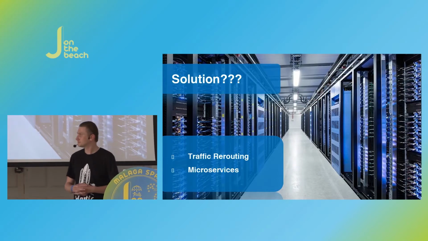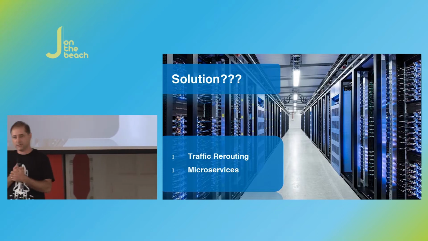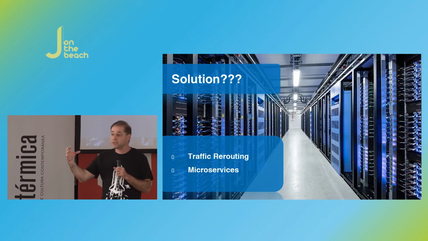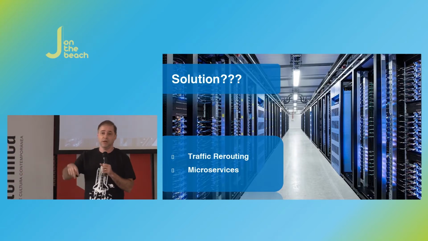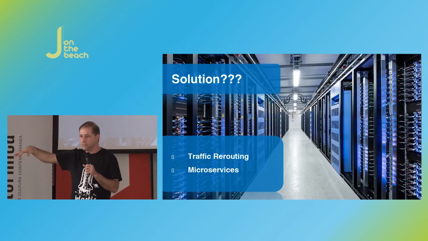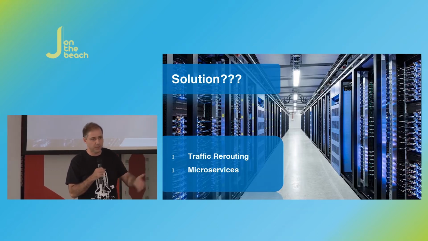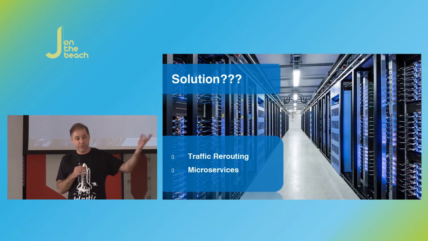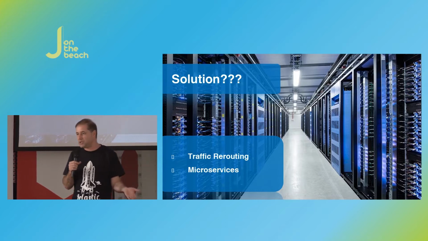A few things that we do is reroute traffic. You have a load balancer in the front, and you start different servers in the back end. If you're going to stop something, you stop sending requests to one server and move to another server. That's a good way of doing things. You can just reroute your traffic, and people are not going to see the downtime because that machine is not responding to any request.